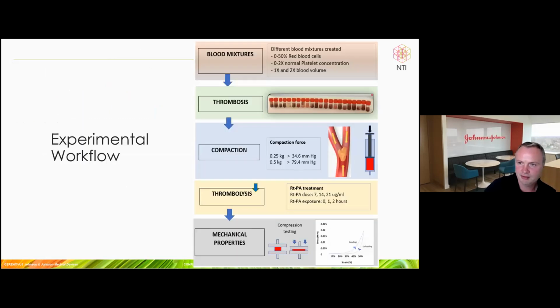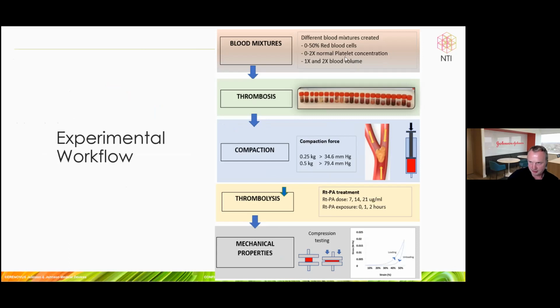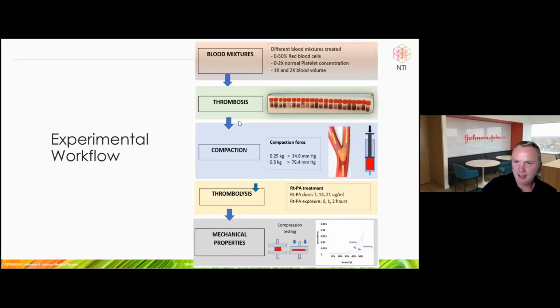I described this, so this is the workflow of the experiment. We made up these blood mixtures using different concentrations of red blood cells and platelets and different blood volumes. We allowed the clots to form and contract if they could. Some clots with a lot of platelets contract a lot more than clots that don't have any platelets.